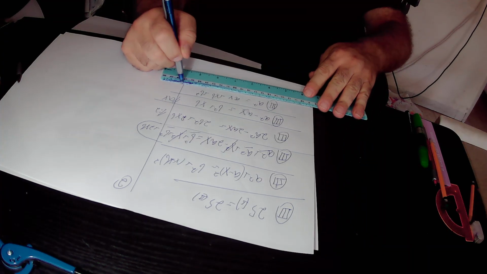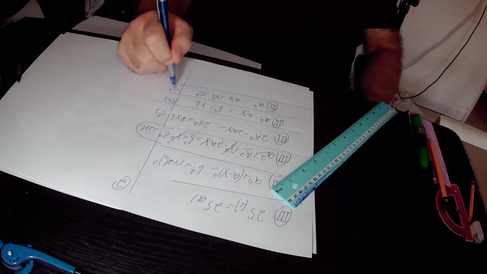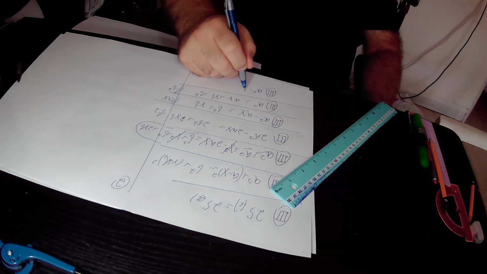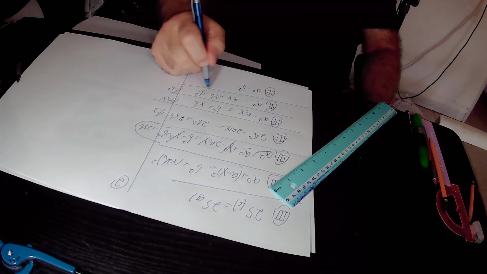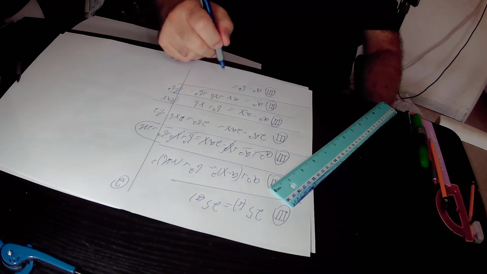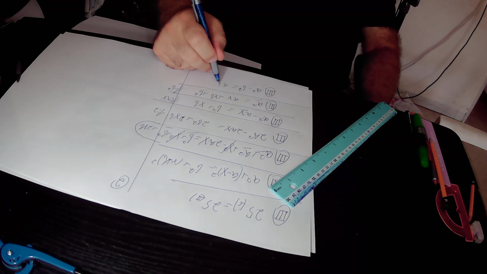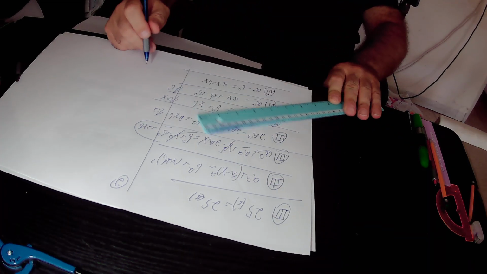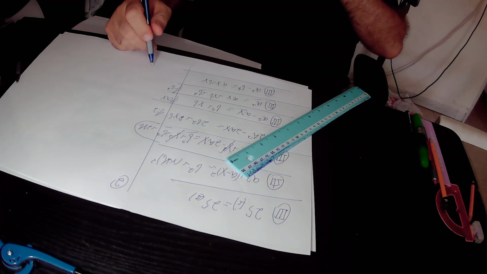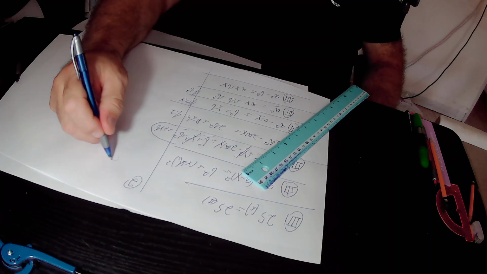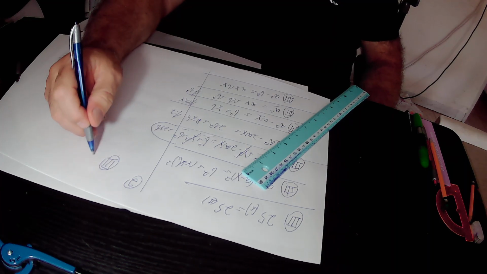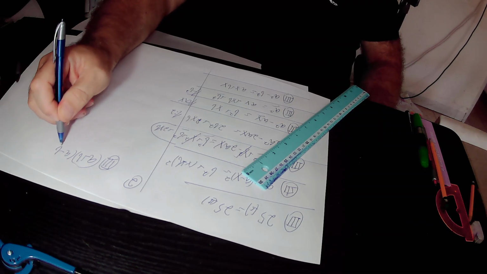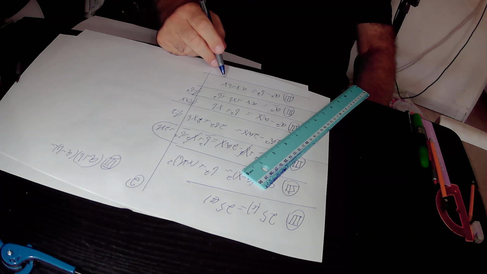Here we subtract B squared from equation 3, and we get that A squared minus B squared equals AX plus BX. According to the familiar algebraic identity, A squared minus B squared equals (A plus B) times (A minus B), and it equals AX plus BX.